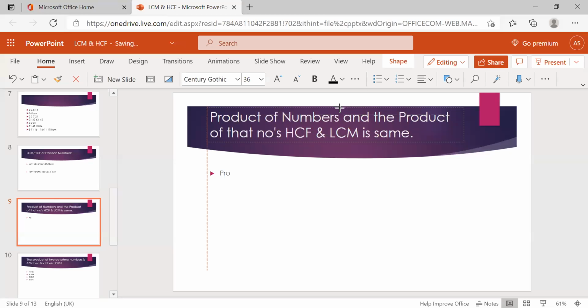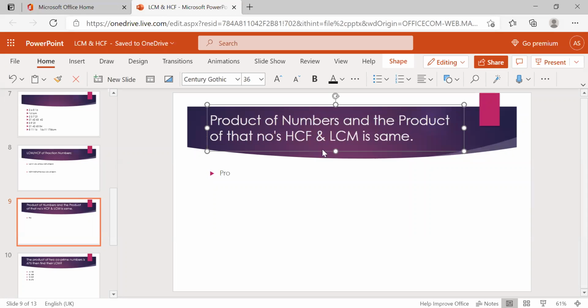I think everyone knows this one. The product of the two numbers is equal to the product of the HCF and LCM.